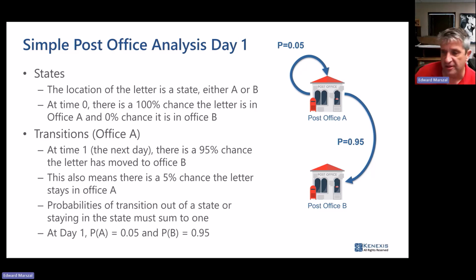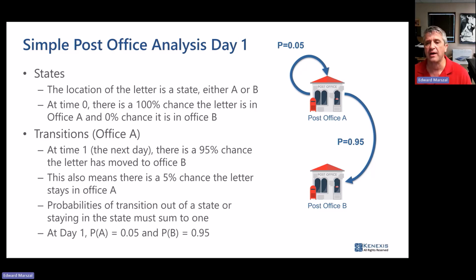Transitions are something I'm going to talk about more, because that's an integral part of solving the Markov models. So at time 0, when I drop the letter in post office A, there's a 100% chance that it is in office A, and there's a 0% chance that it's in office B.